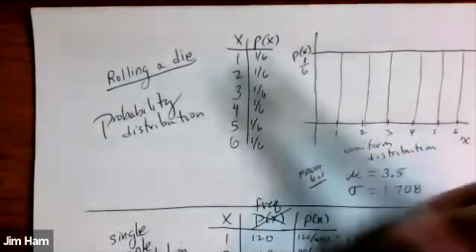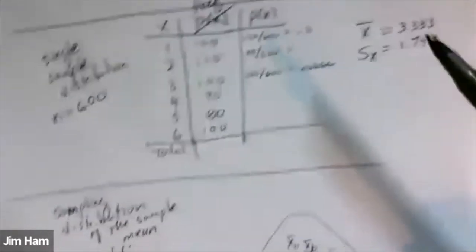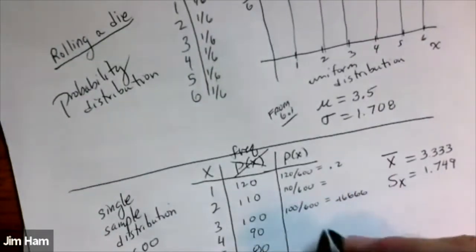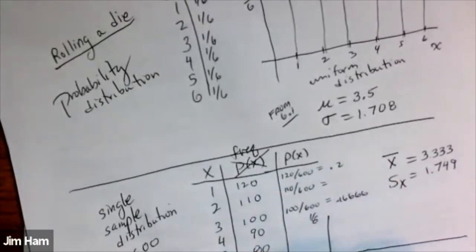The theoretical probability distribution of rolling a die. I didn't draw the graph here, but if I did draw the graph, and the probability was 1/6 here, and we had 1, 2, 3, 4, 5.